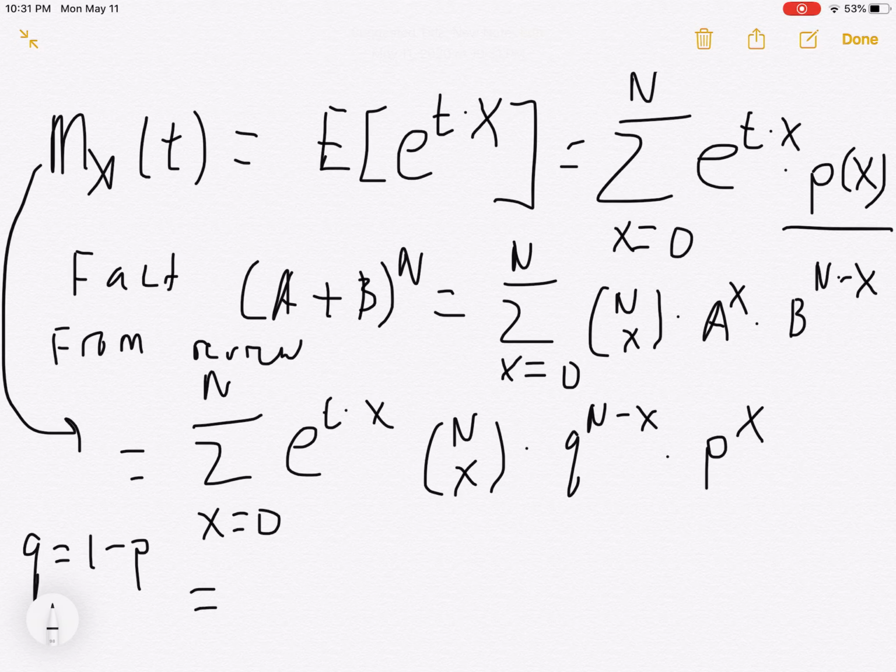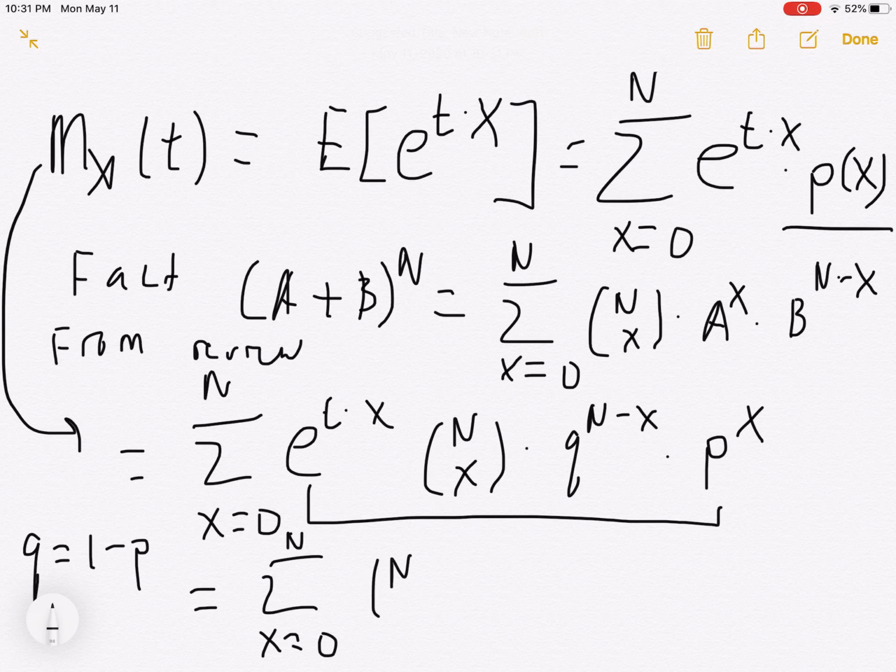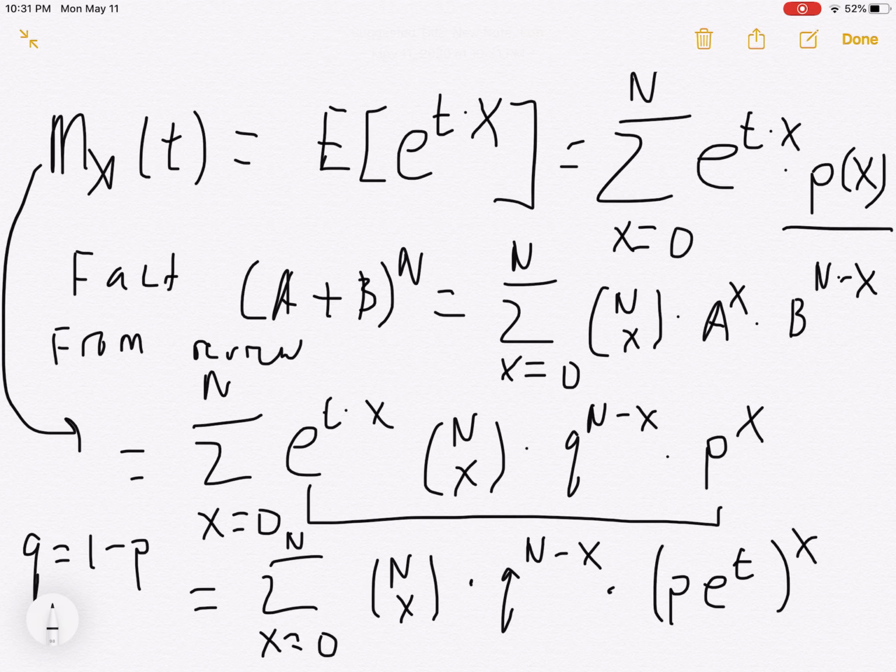Now, I'm going to group these two items together. And I'm going to have n choose x times q to the n minus x times p e to the t. They're both raised to the x power like that.